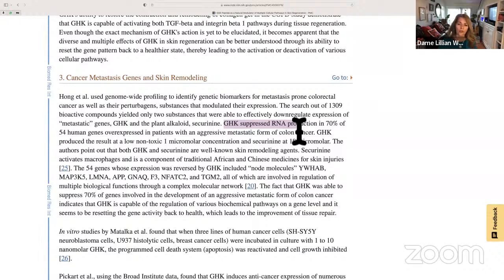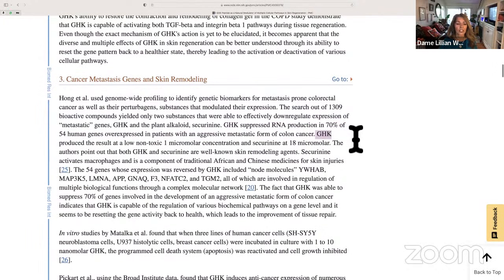So now we're talking about RNA production in 70%. This is pretty significant. So this GHK copper peptide suppressed RNA production of 70% of 54 human genes that are overexpressed in patients with this aggressive metastatic form of colorectal cancer.